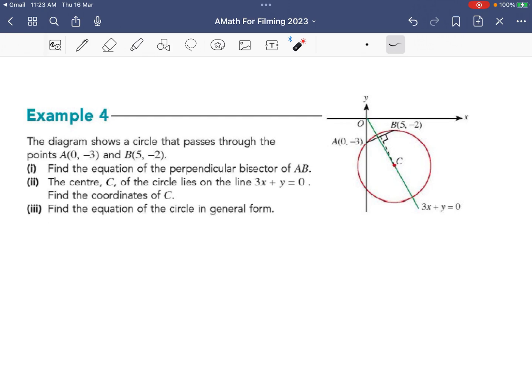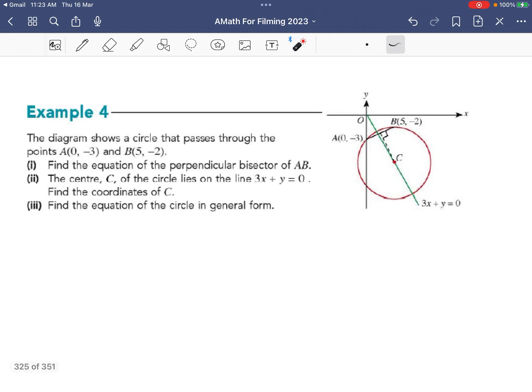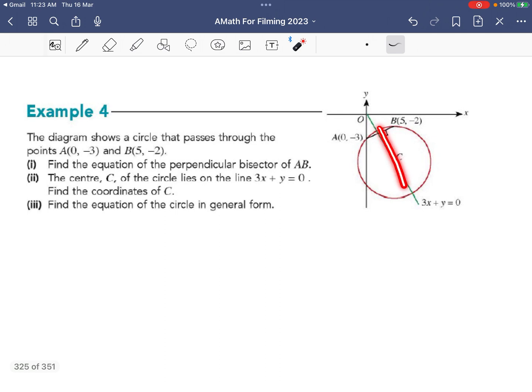If you find the equation of this perpendicular bisector of the chord, you will eventually be able to use this to help you find the center of the circle, which in turn will also help you to find the equation of the circle itself. Okay, but never mind.